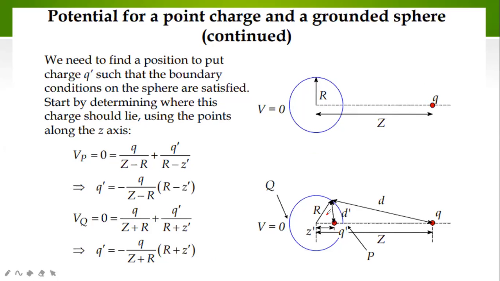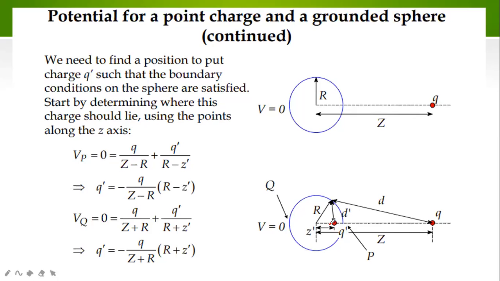This is our method of images, the method we will use. We will consider this sphere as a mirror, and this charge which was situated at distance z, now the image charge will be at this point. This is the way to solve the spherical, the symmetrical problems.